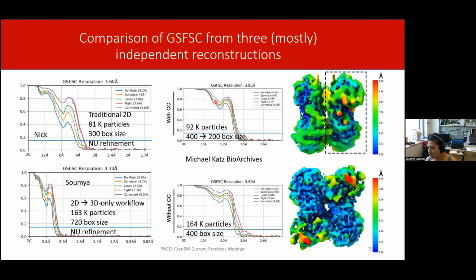And this funny little artifact dip is present in all three of our C1 reconstructions. Here, if you remove the coiled-coil domain, it ameliorates the dip. So what you can see with the no 2D workflow is that generally it will give you a higher resolution structure.